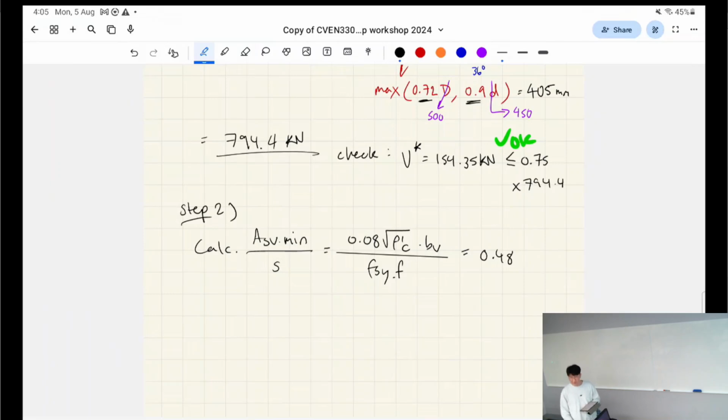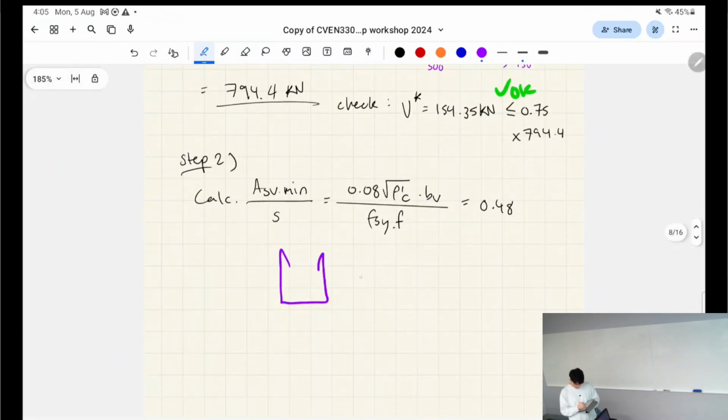A fitment is one of these, also called ligatures, also called shear bars. So when doing shear design, you're going to run into fsy.f. I'll give you the rule of thumb. For N class bars and for R class bars, our values are going to change a little bit.